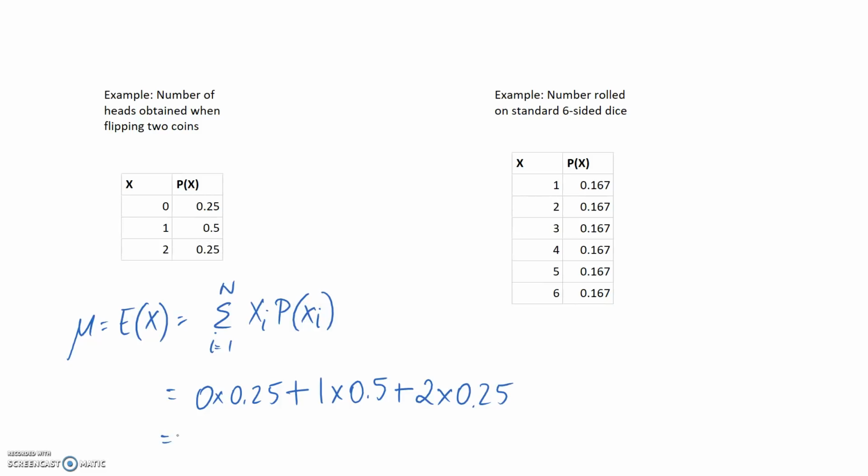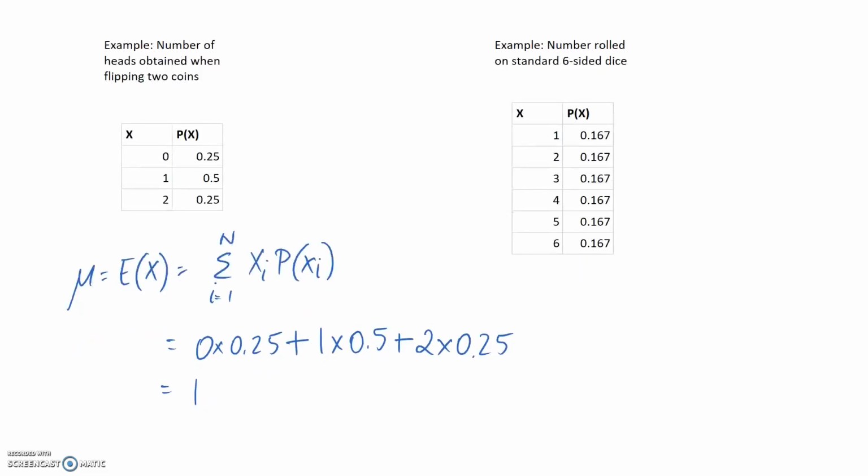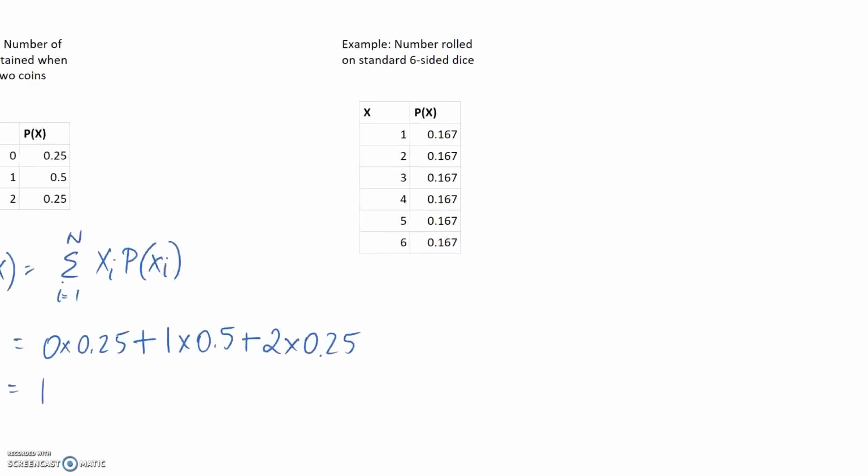If you type all of that into a calculator, you end up with the answer of 1. What this is telling you is that on average, you can expect to flip 1 head when you have your 2 coins.